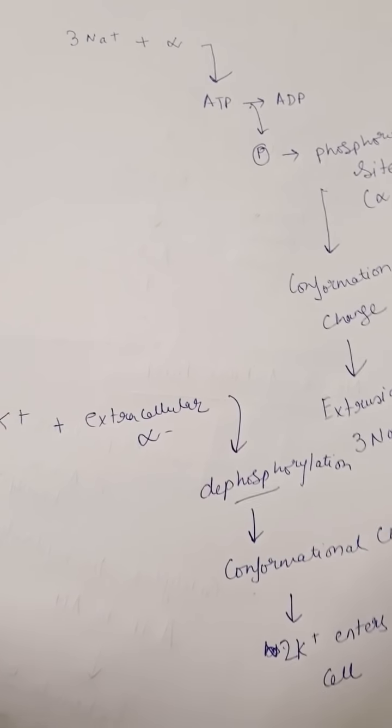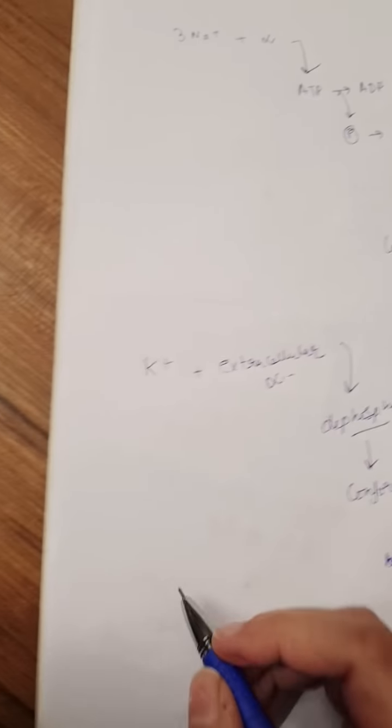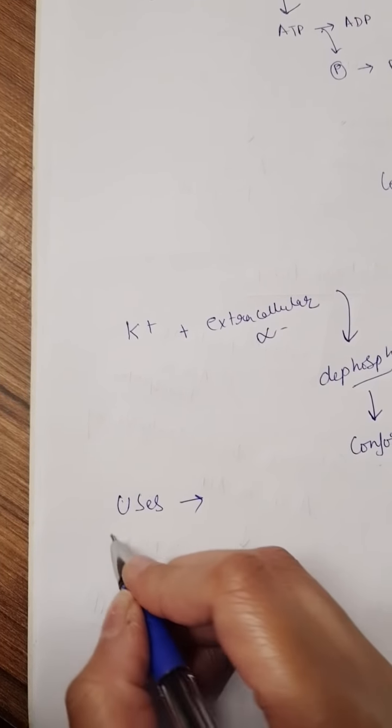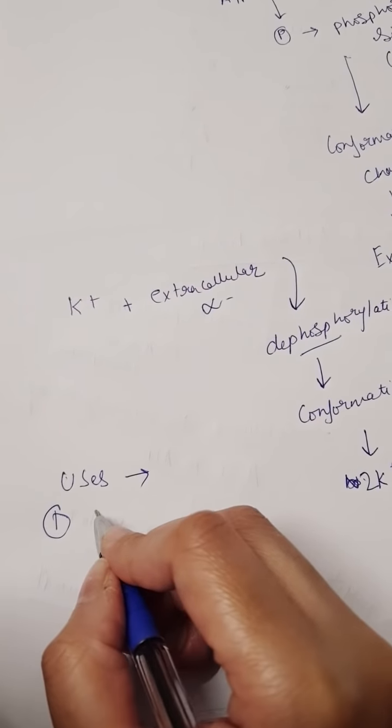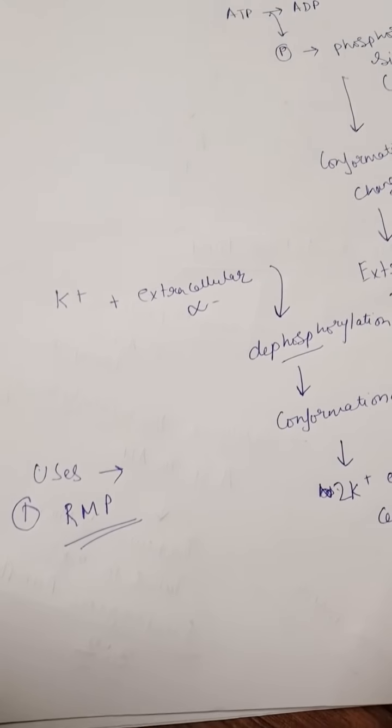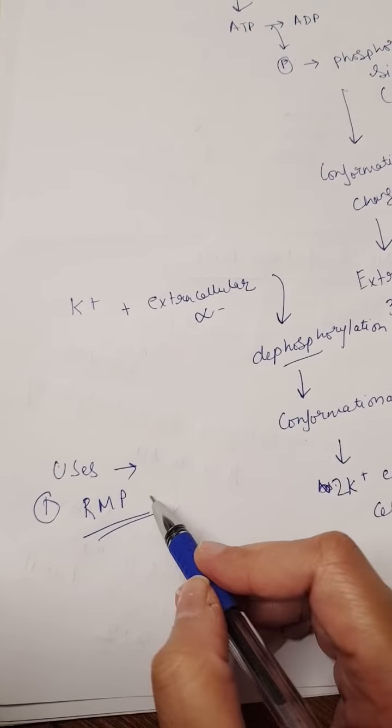Now what are the uses of the sodium potassium pump? Okay, main use is development and maintenance of RMP. We'll come to this. It has a direct contribution and an indirect contribution.